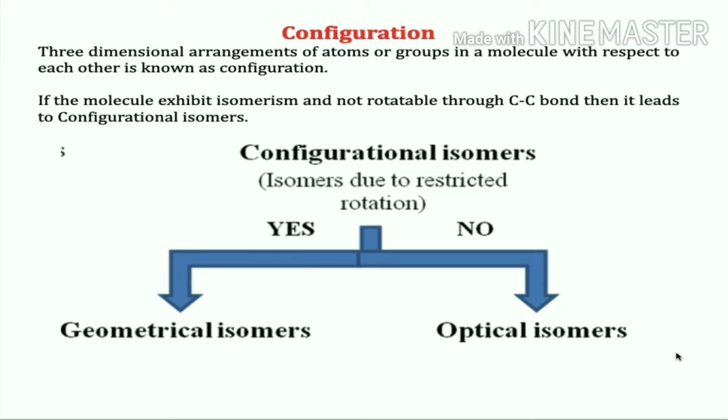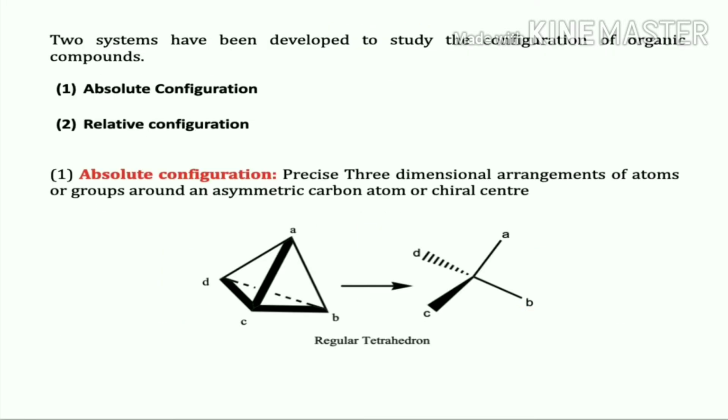These configurational isomers, geometrical and optical, come under the main heading of stereoisomers. Then there are two systems developed to study the configuration of organic compounds: absolute configuration and relative configuration.